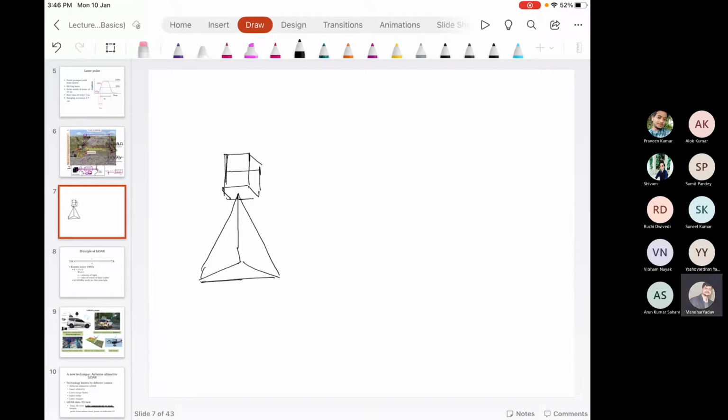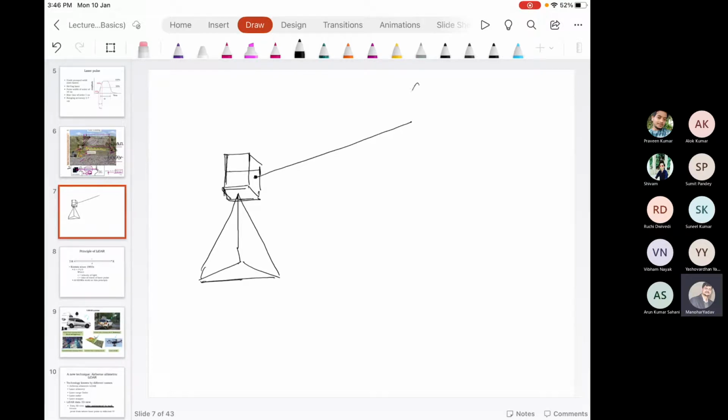Suppose a 3D laser scanner is mounted on a tripod. Somewhere here we have a laser transmitter, the center of the laser transmitter. From this, the first laser pulse is transmitted.